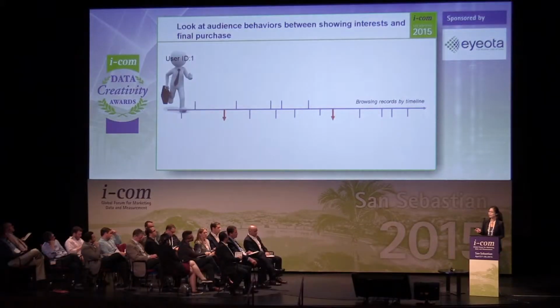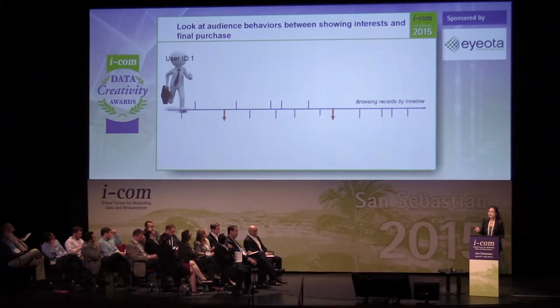But the problem is, this database is anonymous, only browsing records, no demographic information included. So how can we find our target audience, separate them from millions of internet users?